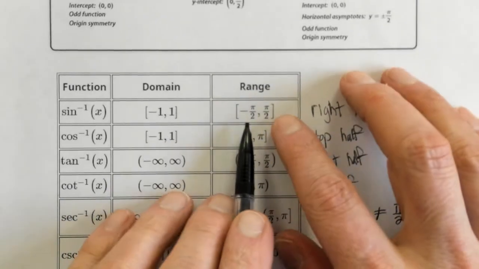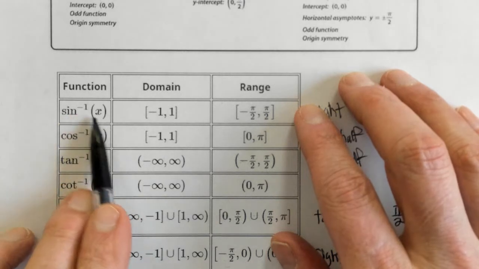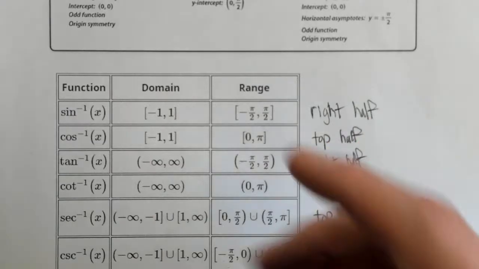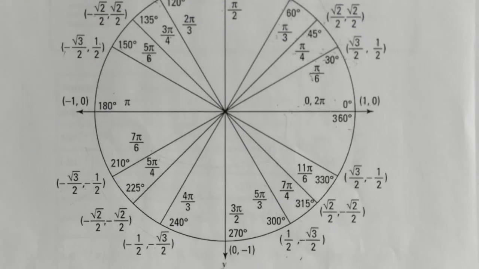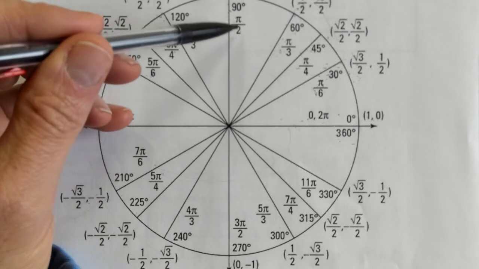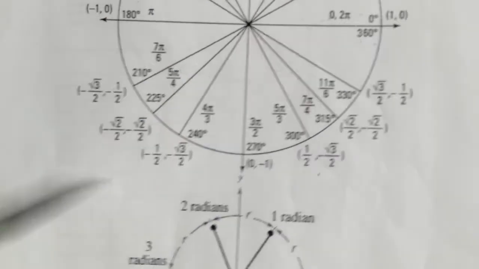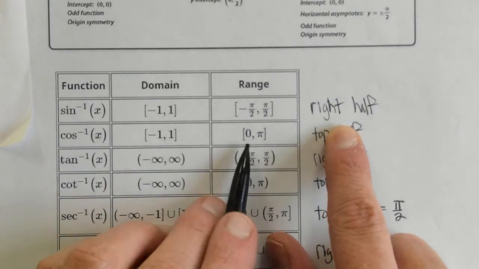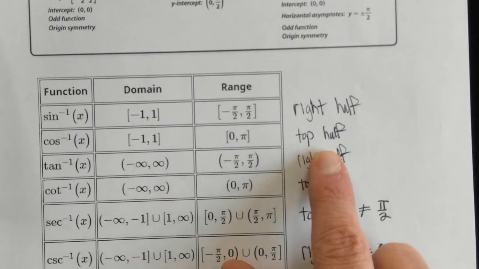For the range of inverse sine, that's from negative pi over 2 to pi over 2. To get an idea of where that is on the unit circle, because we're going to be utilizing the unit circle to answer some questions, from pi over 2 to negative pi over 2 would be the right half of the unit circle. From 0 to pi, that's the top half of the unit circle.